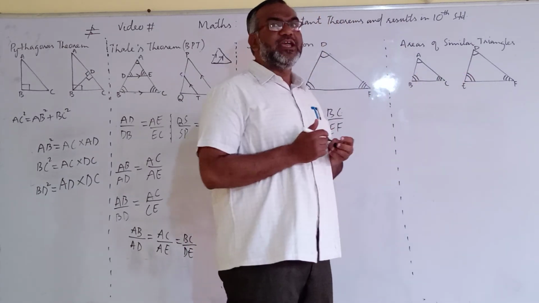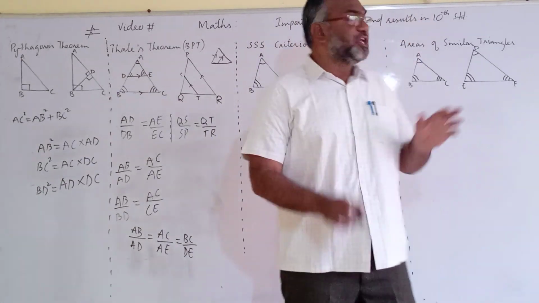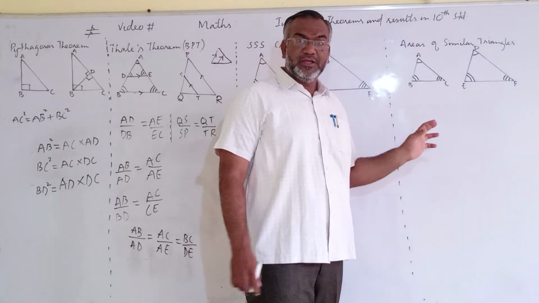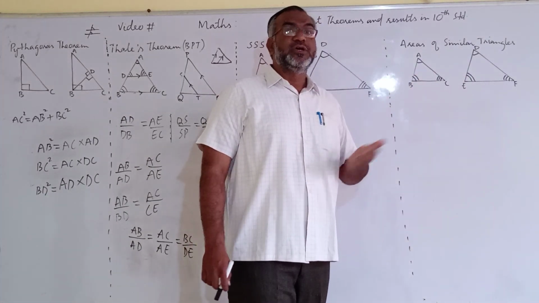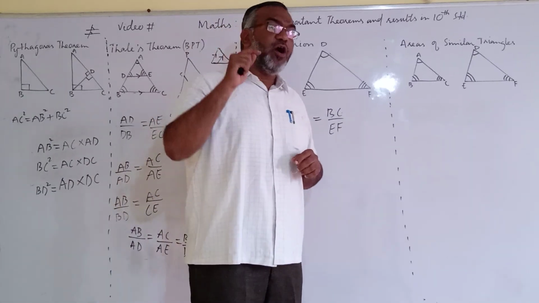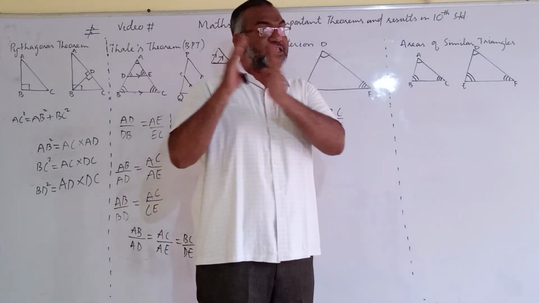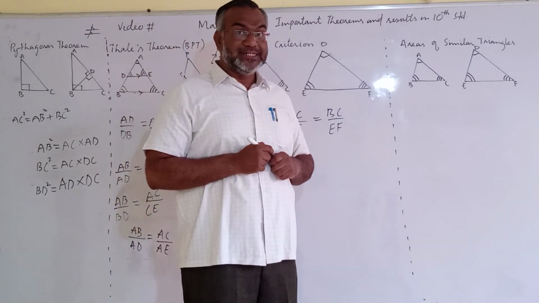So according to the areas of similar triangles theorem, if two triangles are similar, the areas of similar triangles are in proportion to the square of their corresponding sides. It means the ratio of areas of similar triangles is equal to the ratio of the squares of their corresponding sides.